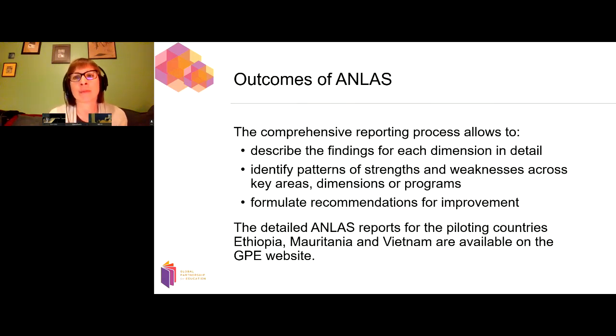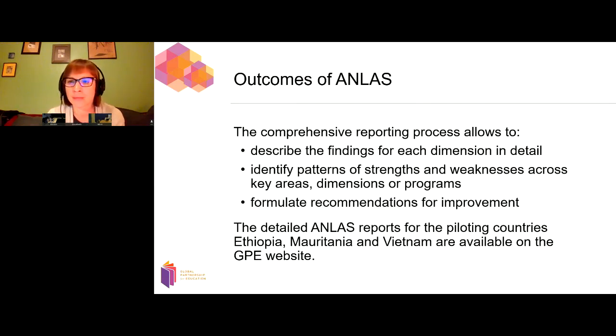But the comprehensive reporting process allows us to describe the findings for each dimension in detail, to identify patterns of strengths and weaknesses across the key areas, dimensions, or even across the different assessment programs, and to formulate recommendations for improvement that can later be implemented. For more information, the detailed reports from ANLAS for the piloting countries, Ethiopia, Mauritania, and Vietnam, are all available on the GPE website.